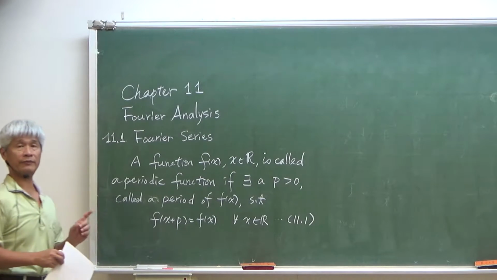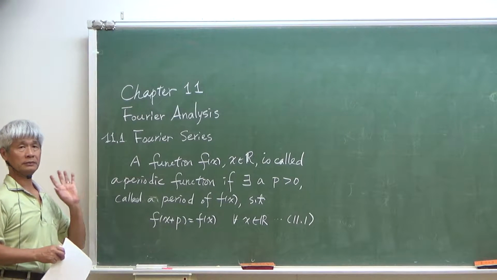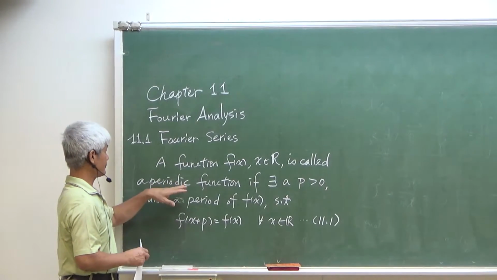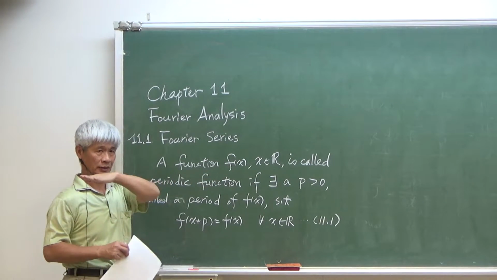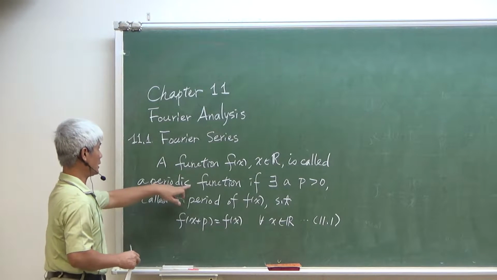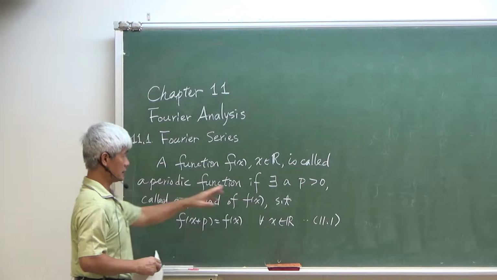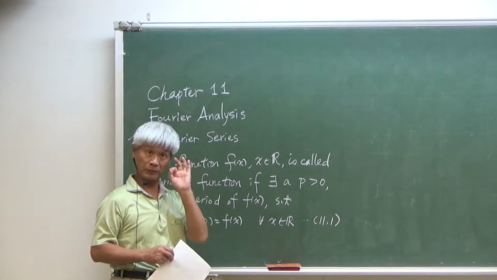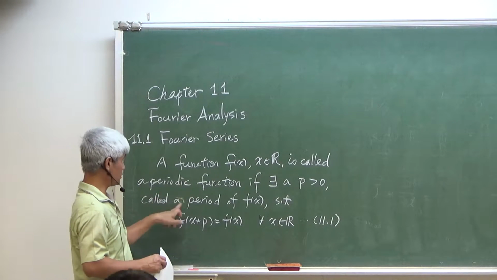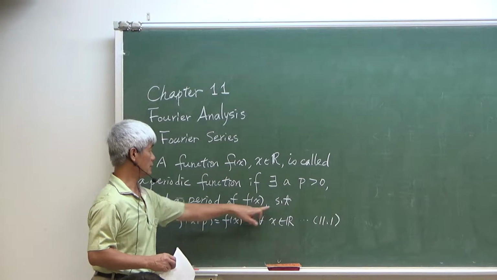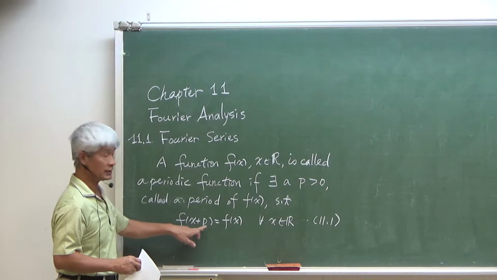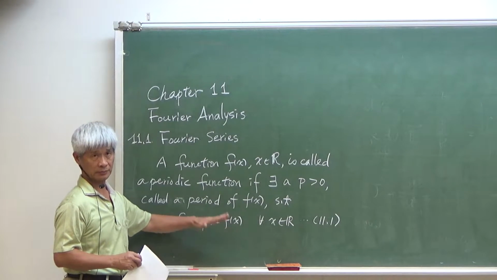Okay, so first of all, I define periodic function. A function defined on the real line is called a periodic function if there exists a positive number p, which we call a period of f of x, such that f of x plus p is equal to f of x.